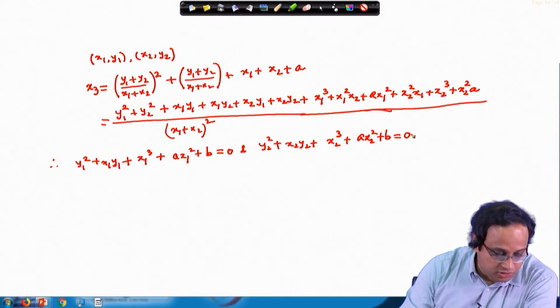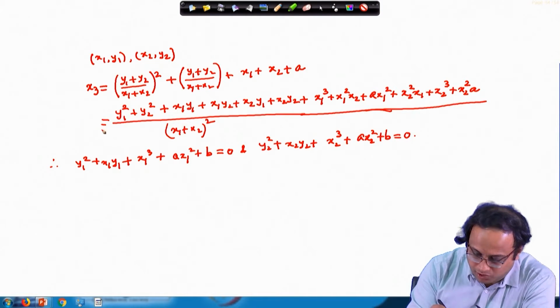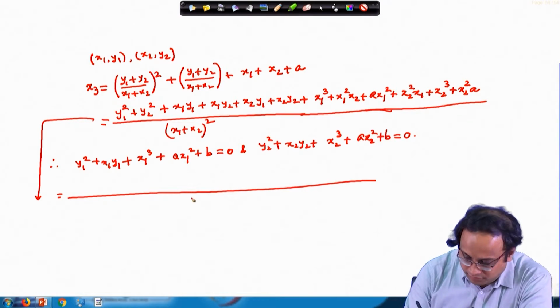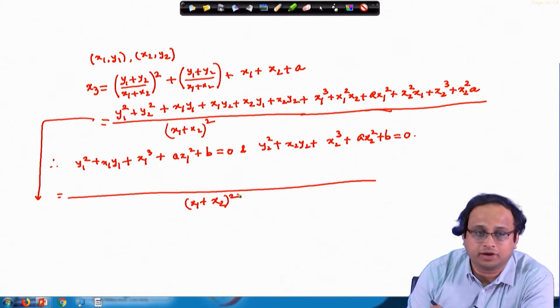So, arranging the terms, we keep the denominator as x1 plus x2 whole square.